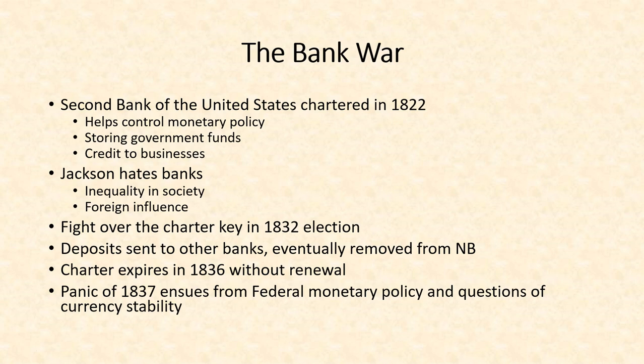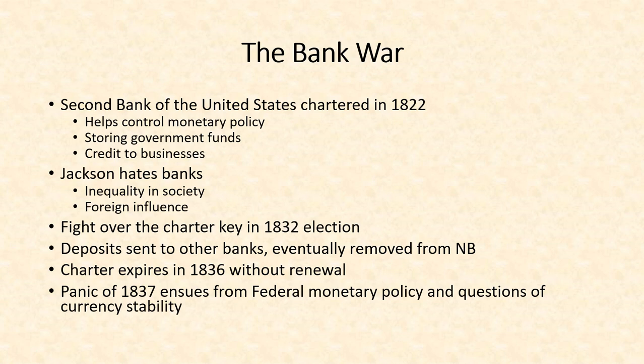They're unable to remove all of their deposits at first immediately from the Second Bank of the United States. But what they do is they go to a series of Democratic Party friendly banks, and they start putting their deposits in those Democratic banks and not in the official state bank.